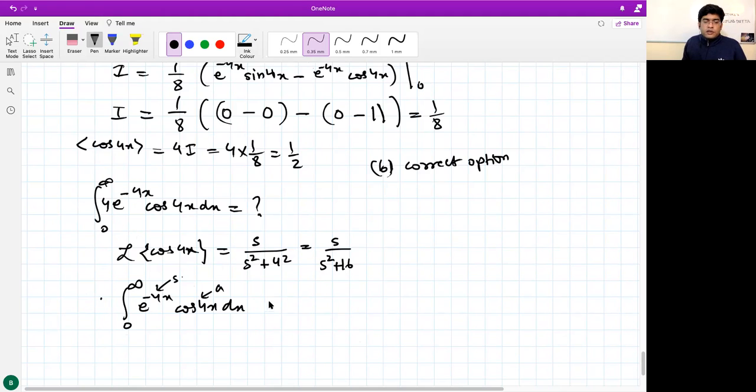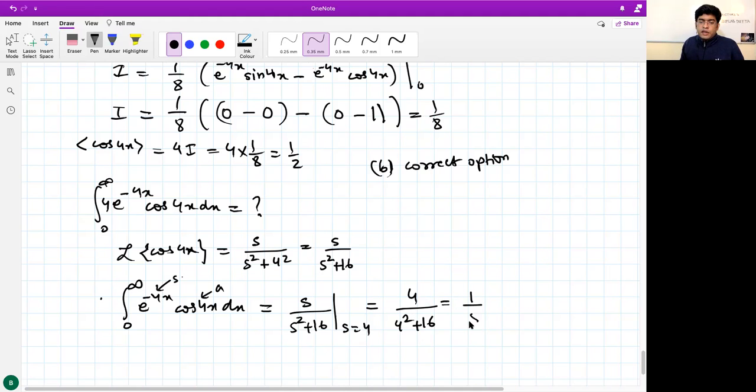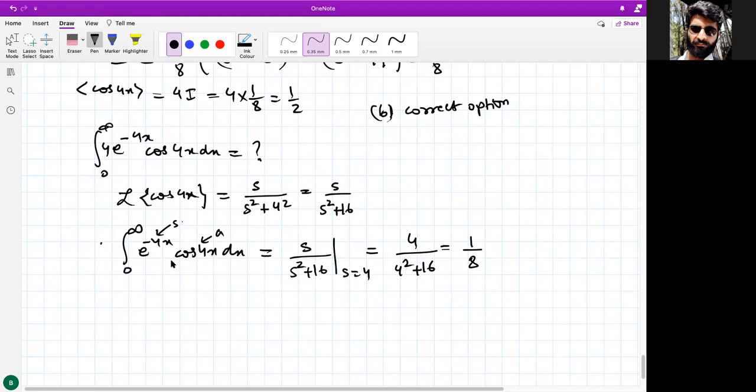So this will be s by s square plus 16 at s equal to 4. So this is 4 by 4 square plus 16. This will be 16, so this is 1 by 8.